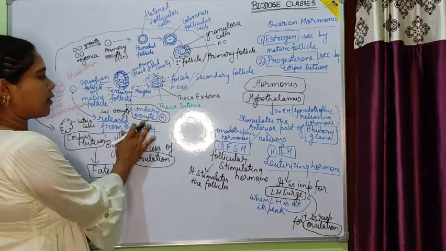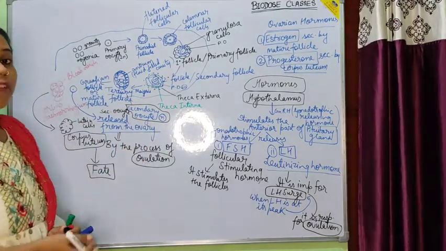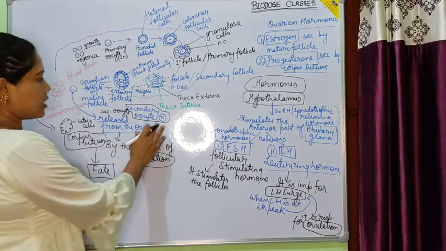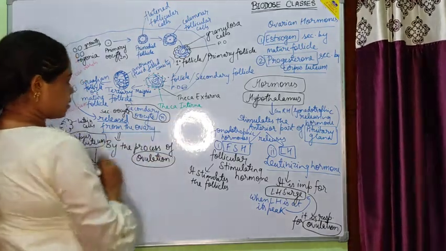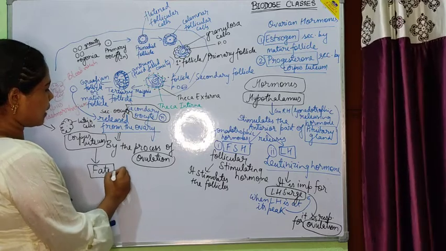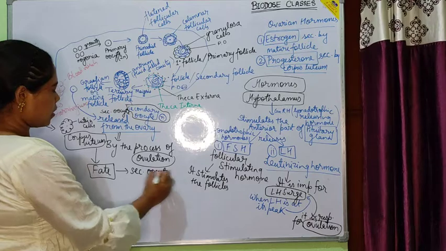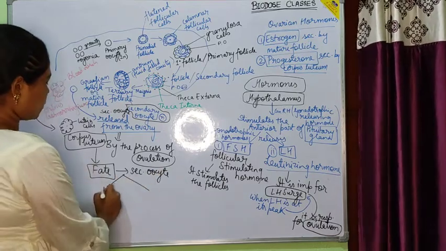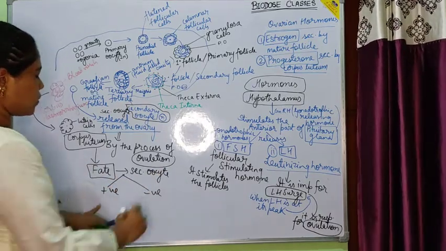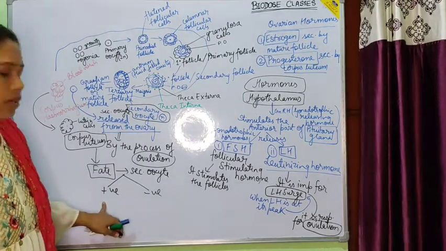We have seen the secondary oocyte is released in the fallopian tube. So here we are writing the fate of the secondary oocyte. There are two conditions. First we are giving positive, next is negative. This is with reference to fertilization.